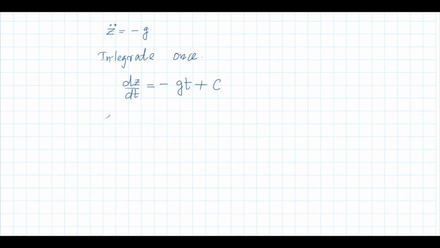In order to find these constants, we need some initial conditions. Suppose we are dropping a particle from z equal to, say, h.